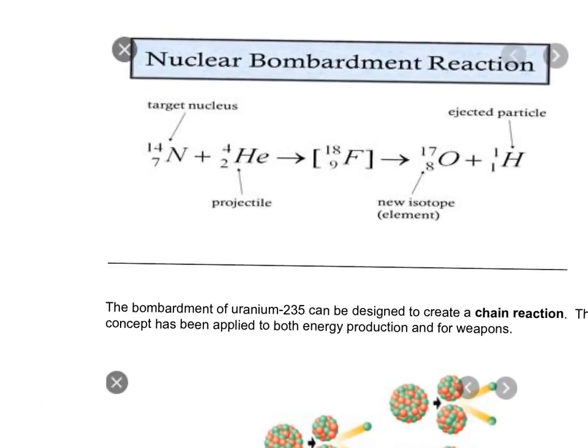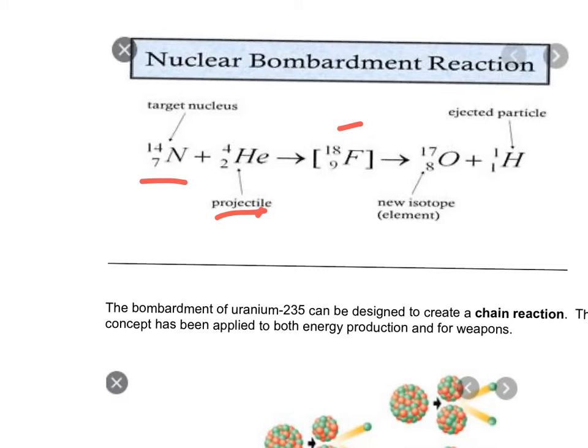This is just another example of bombardment. So this is bombarding a nitrogen atom. If we bombard a nitrogen atom, we create an unstable atom. Once the 2 protons and 2 neutrons from the alpha particle, from this projectile here, become part of the nitrogen nucleus, it then becomes a fluorine because it's got 2 more protons.